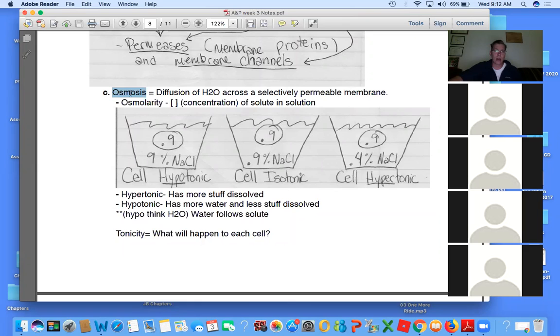Osmosis refers to osmolarity, or concentration of solute in a solution. Solute is stuff dissolved in a solution. Solute is salt, solute is sugar. I made my coffee. I have sugar in it. The sugar dissolves. The sugar is the solute, and the water is the solvent. And the osmolarity refers to the amount of solute that's dissolved.